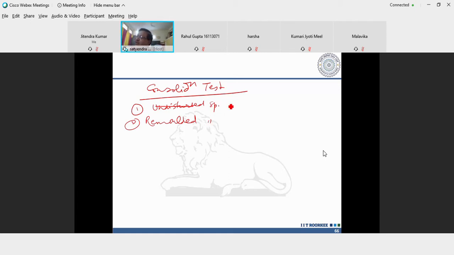An undisturbed specimen means the soil samples have come from some site to the laboratory, collected from the field in steel tubes. From the steel tubes, through a jack and push system, we can extract the sample by pushing it from the back, and a cylindrical soil sample comes out.